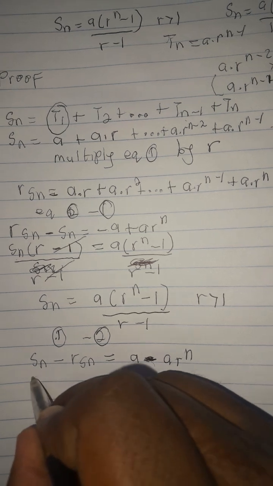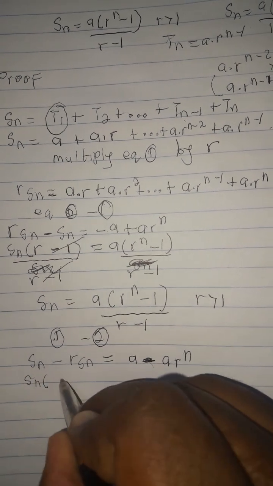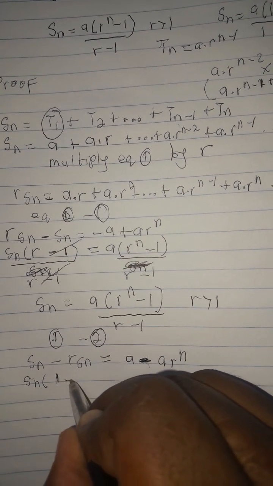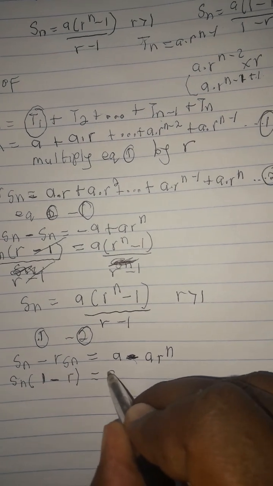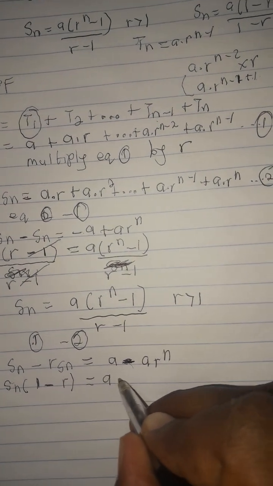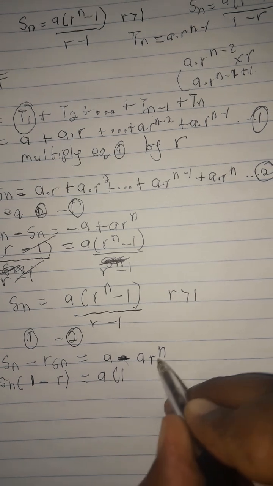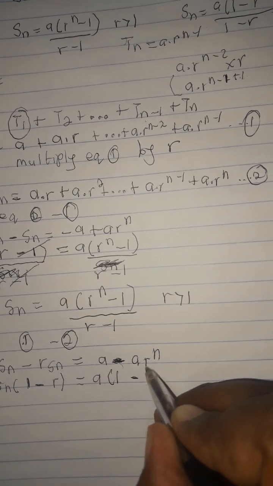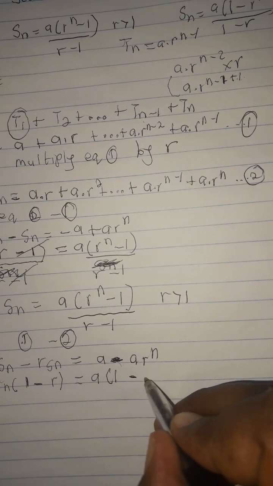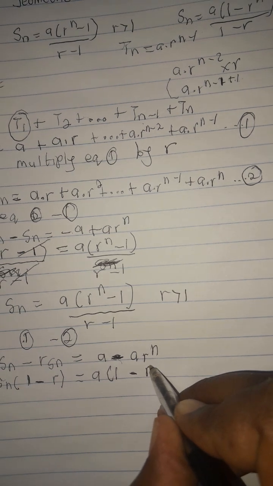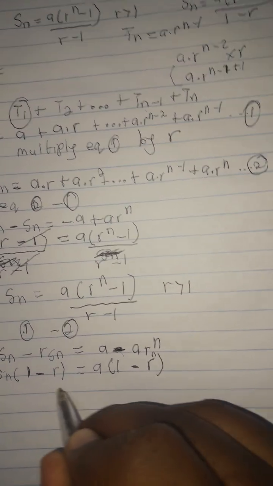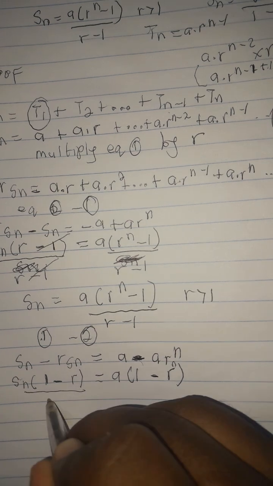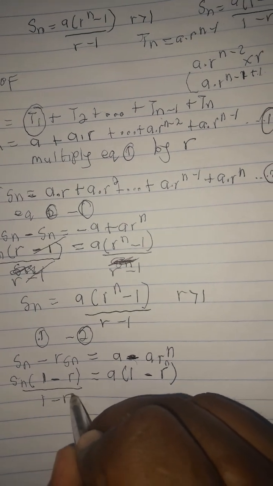So the highest common factor, we know that will be Sn. Then we'll be left with 1. To get to RSn, we'll need r. We'll take out the highest common factor here. So take A, then we need 1 here. To get to r to the power of n, you need r to the power of n here, sorry for that. So we will then divide everything by 1 minus r.